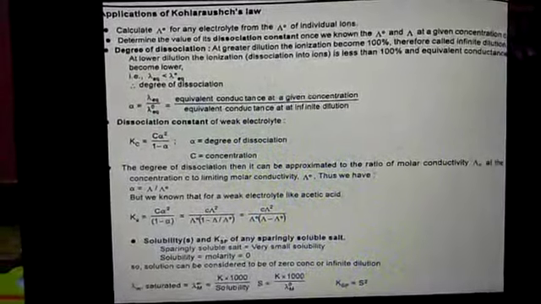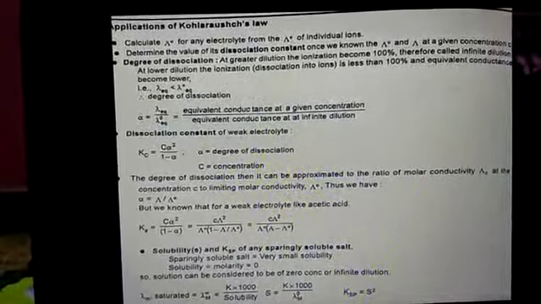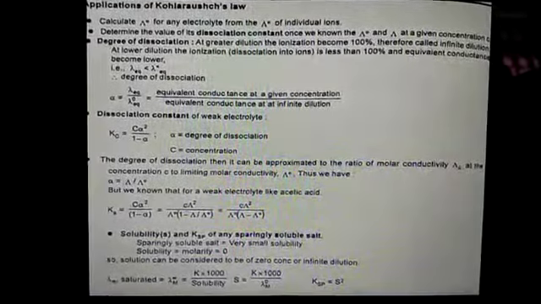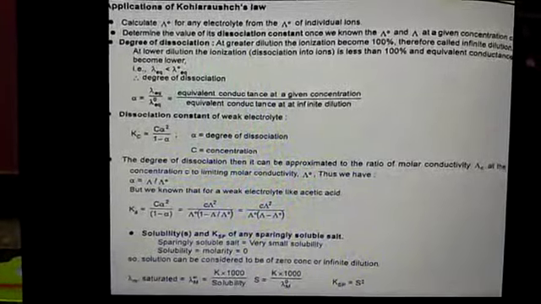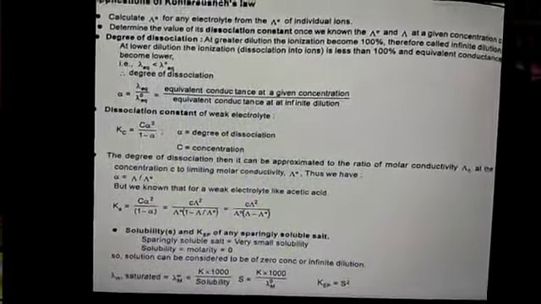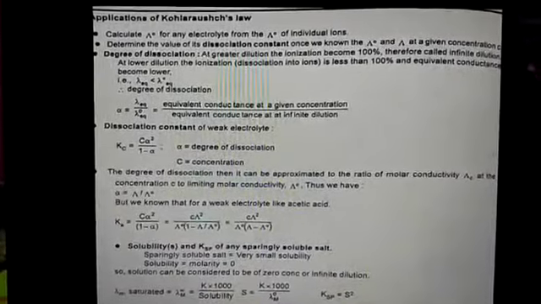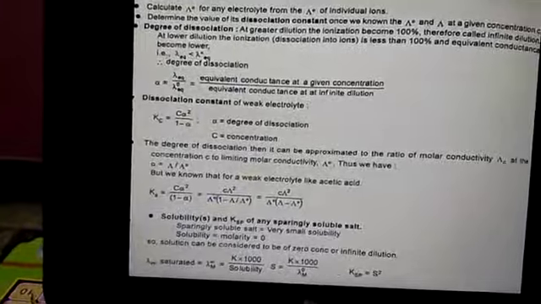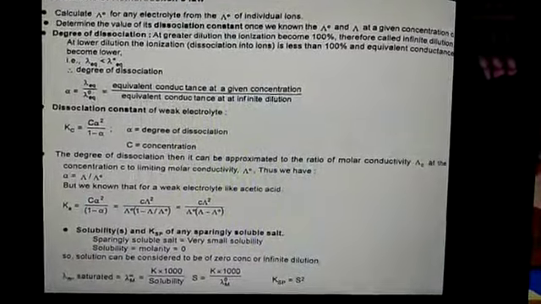That is, the equivalent conductance at a given concentration upon the equivalent conductance at infinite dilution, or molar conductance at a given concentration upon molar conductance at infinite dilution. By this we are able to calculate the degree of dissociation. At infinite dilution, the degree of dissociation or ionization becomes 100%. Therefore, at lower dilution the ionization is less than 100% and the equivalent conductance will be lower.